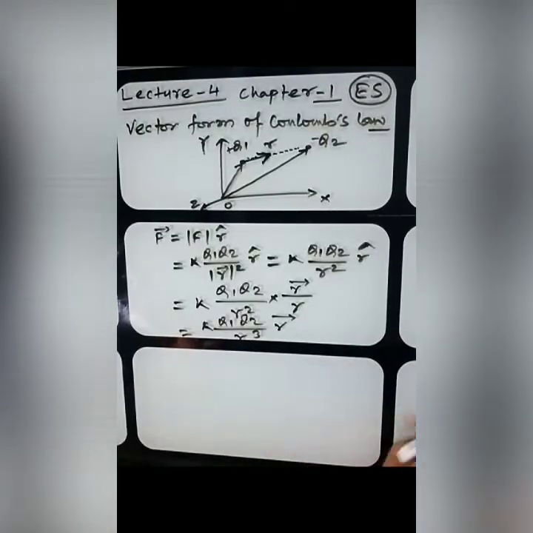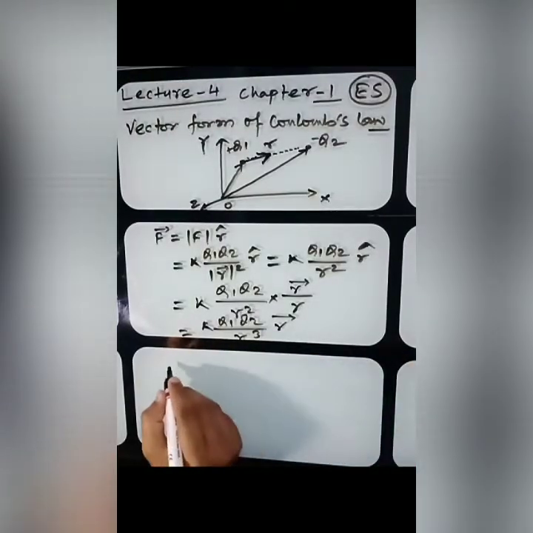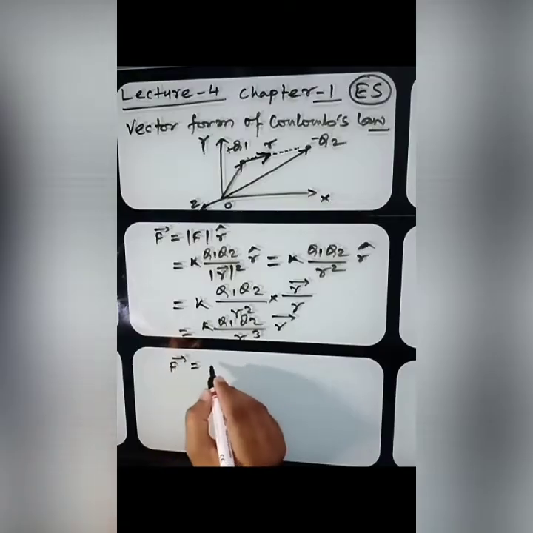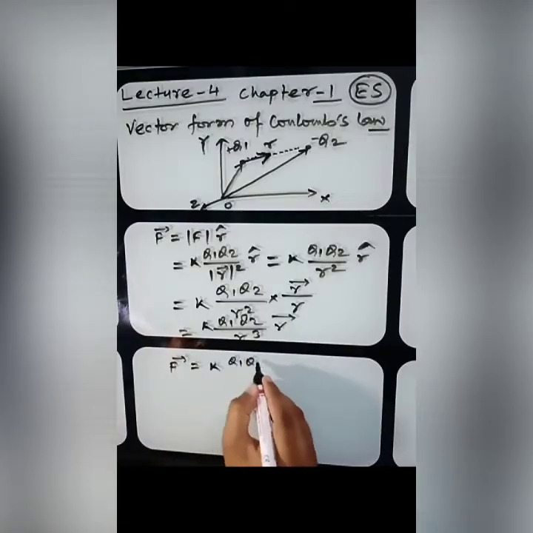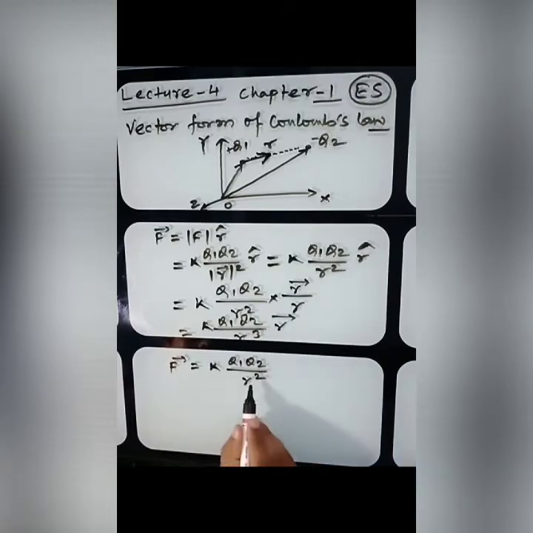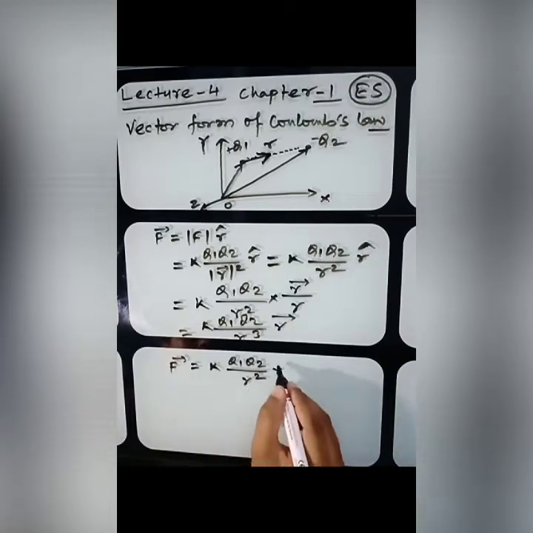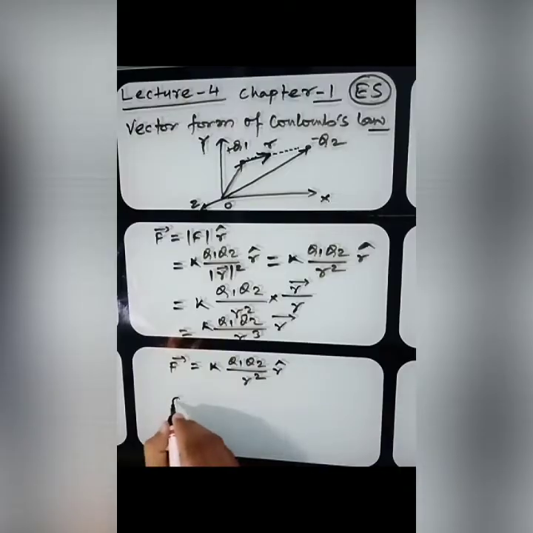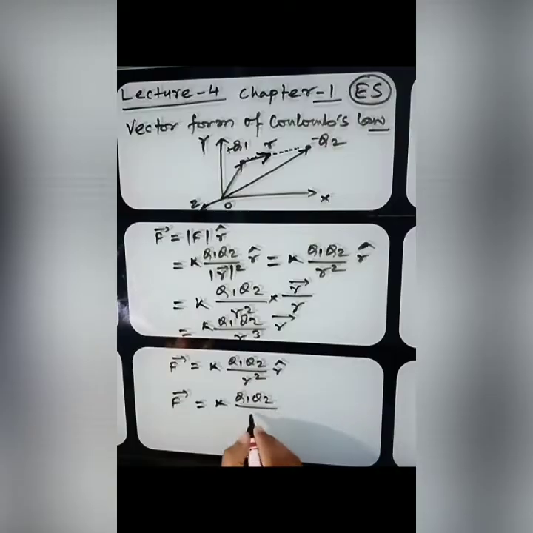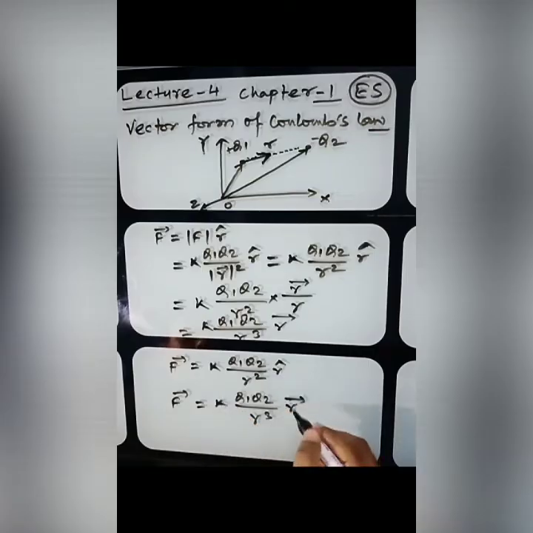Remember students, if you are writing the vector form as F equals k Q1 Q2 by r square, then you have to put r cap. Otherwise, if you are writing k Q1 Q2 by r cube, then you have to put vector r. Both are very important, and there is a very small difference in these two equations.